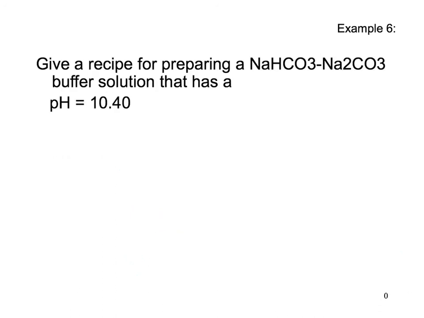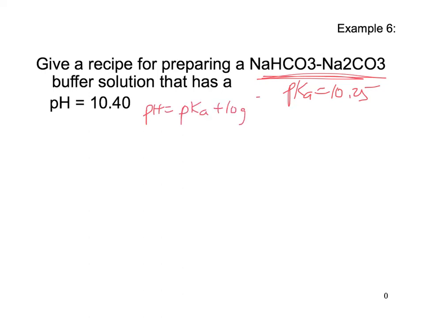Alright, the question now is, give a recipe for preparing a sodium bicarbonate and sodium carbonate buffer solution that has a pH of 10.40. Now, we just saw that for the bicarbonate carbonate system, the pKa was 10.25. In the last question, I calculated that. So we are going to use the Henderson-Hasselbalch equation again, pH equals pKa plus log of base over acid.